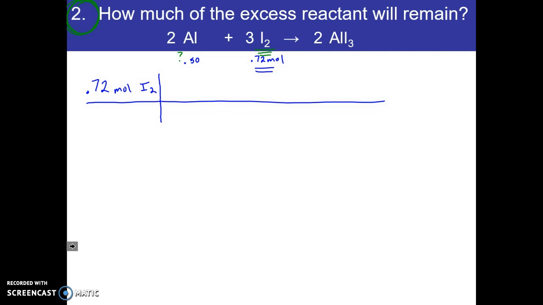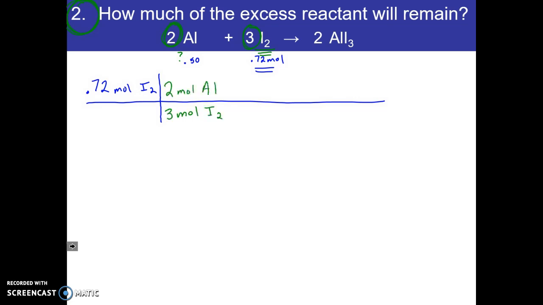I could go to grams, but that's an extra step, and we don't want to throw in an extra step. So I am going to convert moles of iodine into moles of aluminum using a mole-to-mole ratio, which ends up being 3:2. So 3 moles of I2 for every 2 moles of aluminum.